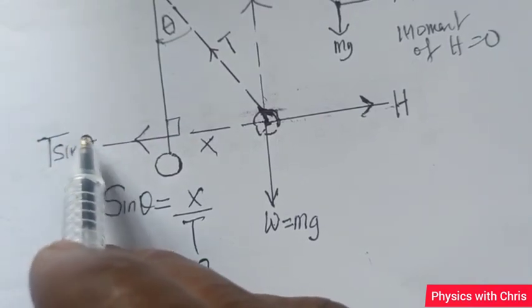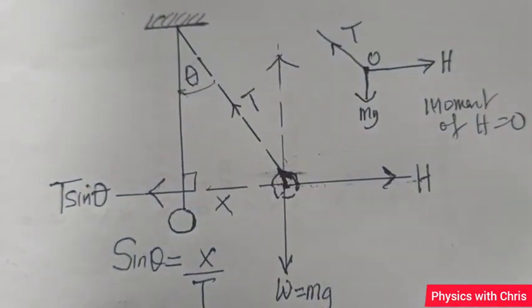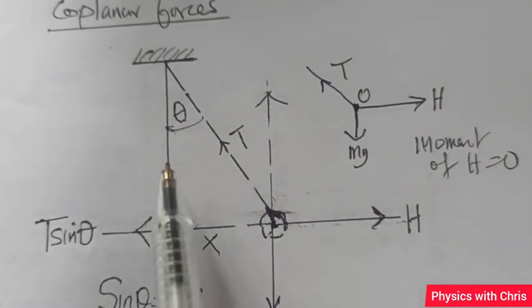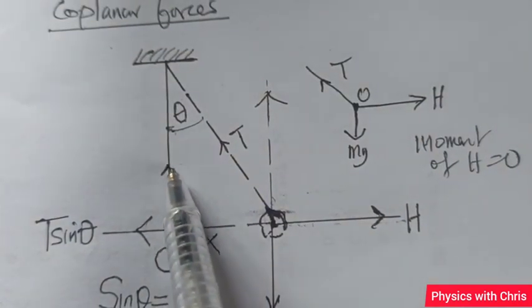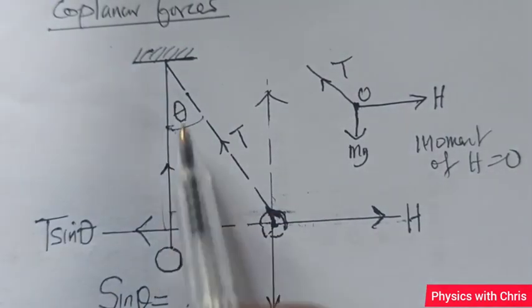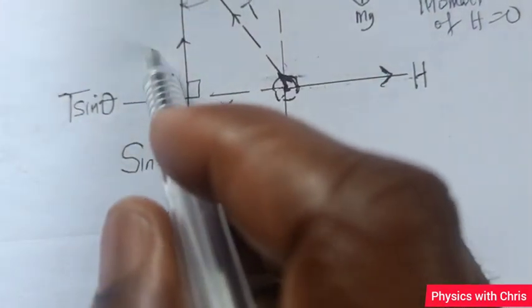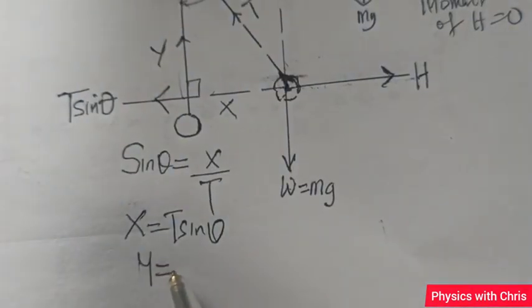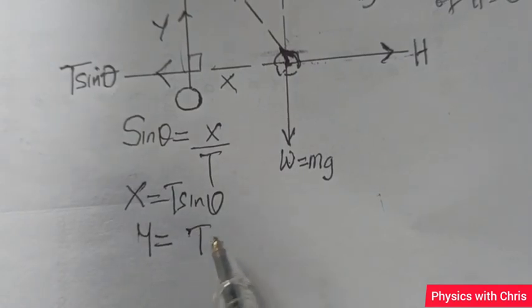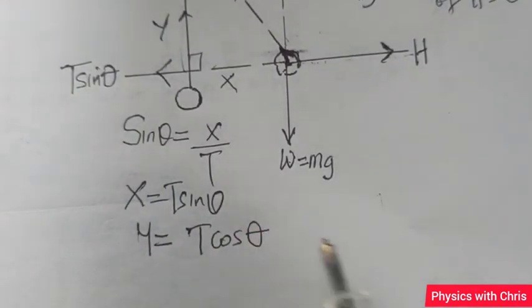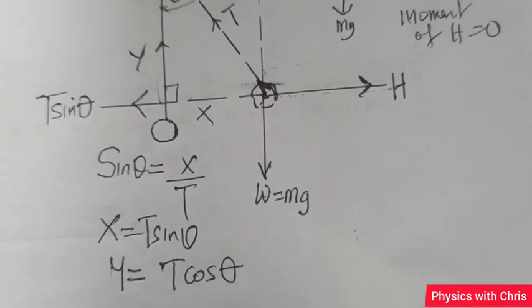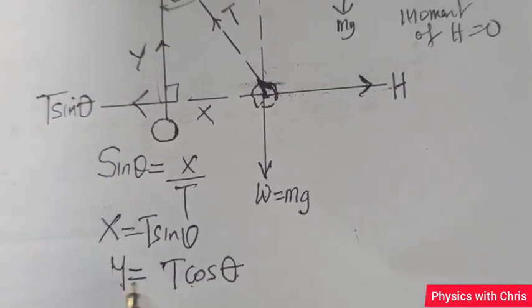That is the component of force T acting along the negative x direction. And if I resolve vertically, I'm resolving along this line, that is adjacent over hypotenuse. So I can call this my y. It would now be equal to what? That is T cosine theta. That is, cos theta is y over T.